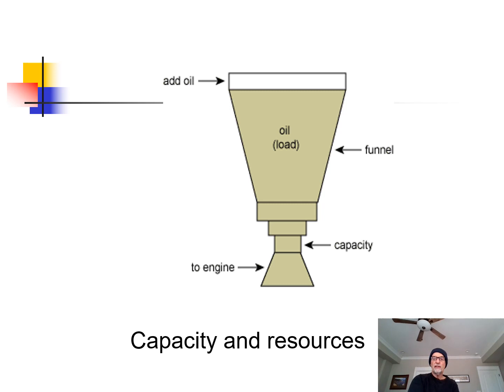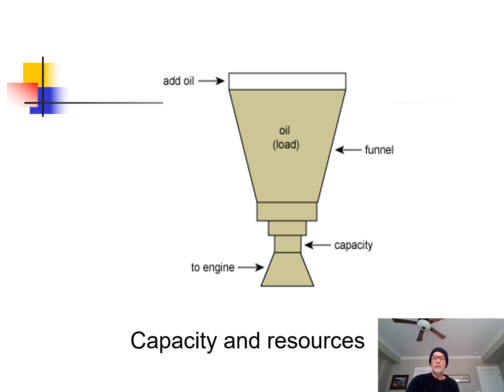All right, let's talk a little bit about capacity. Now, this is a big problem for many projects because capacity is usually not considered. Work just gets done, and hopefully it gets done on time, but it invariably does not. So you can see that this is a funnel that shows how oil flows through a piece of equipment.